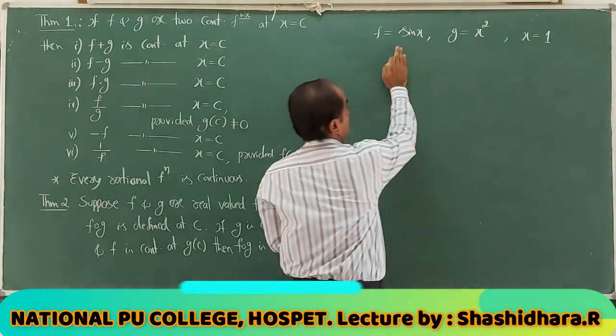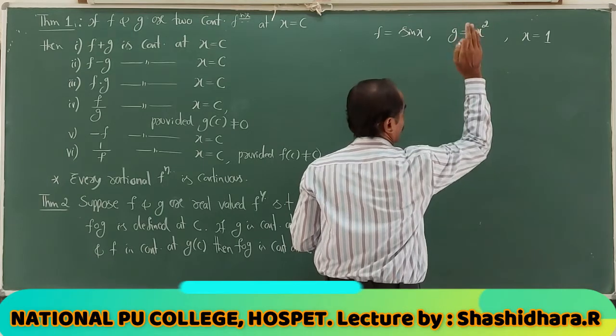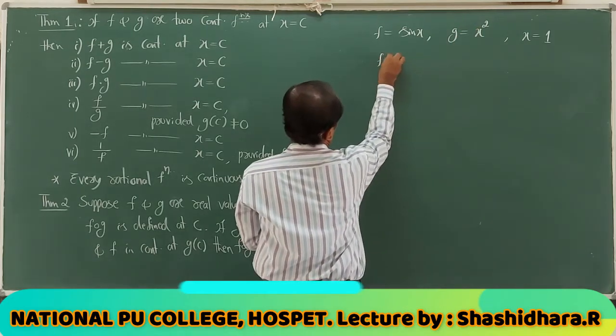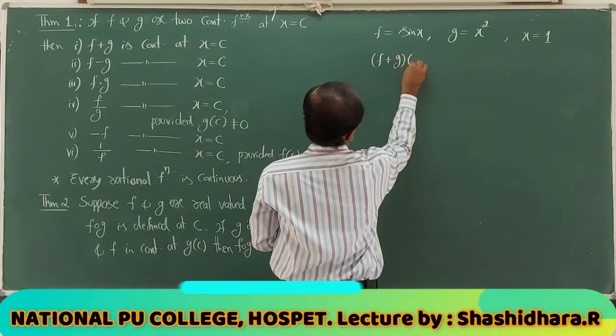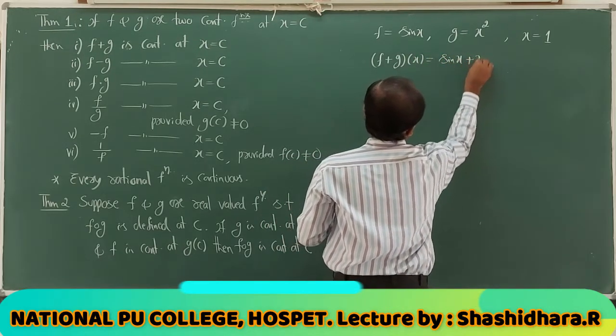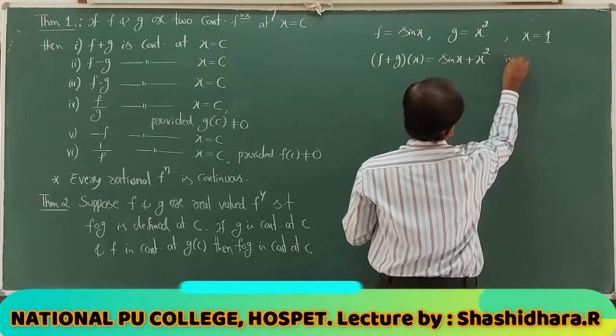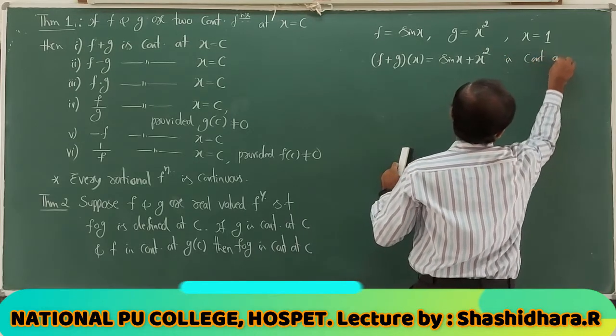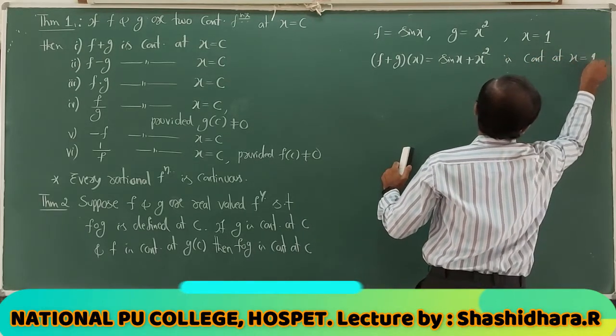Now, as sin x and x square are continuous at x equal to 1, their sum of functions, that is sin x plus x square, is continuous at x equal to 1.